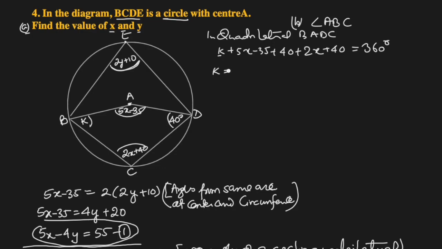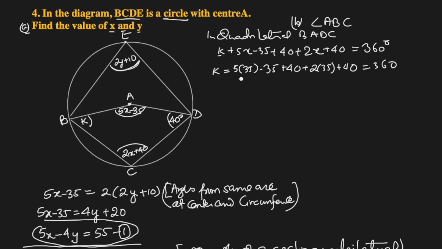Let's plug in the value of x, which was 35. 5 times 35 minus 35 plus 40 plus 2 times 35 plus 40 equal to 360.